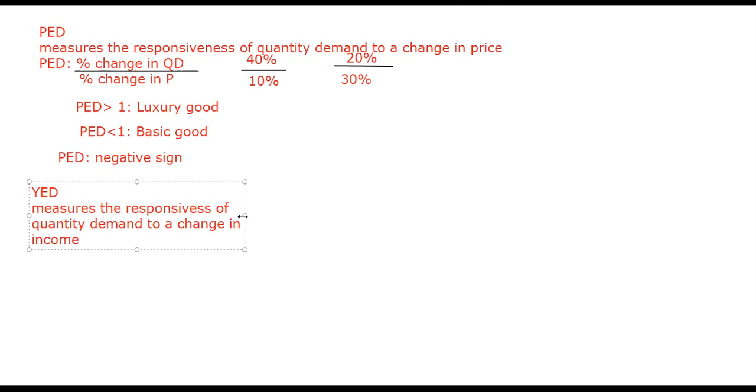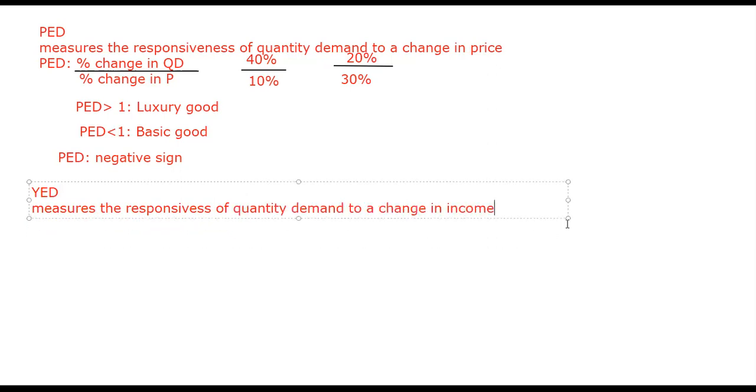PED measures the responsiveness of quantity demanded to a change in price. Now we want to see how much quantity demanded changes after a change in income.